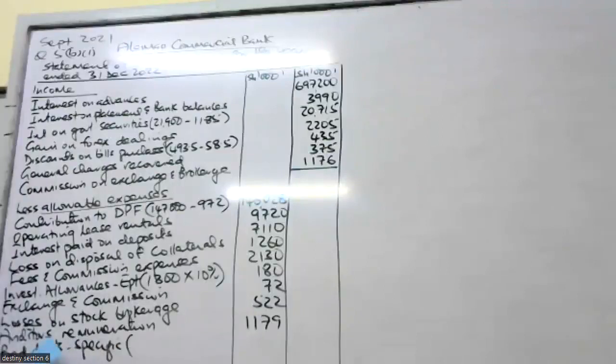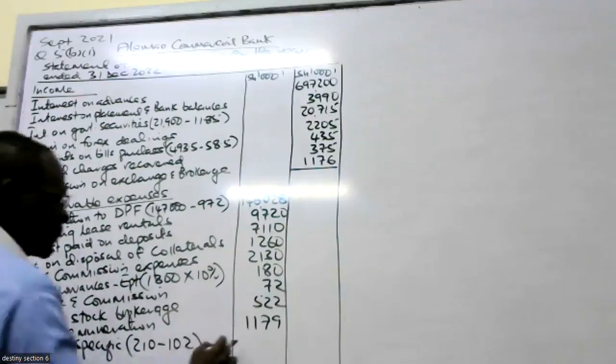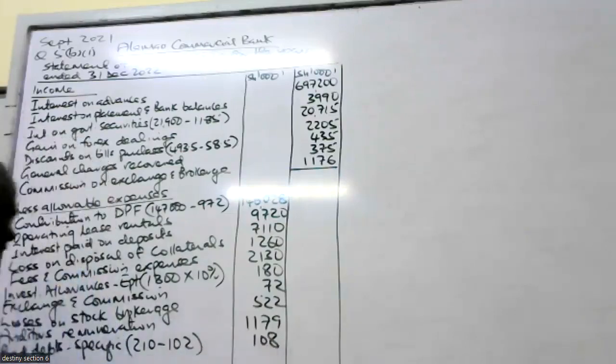At the end of the year, the specific bad debts amount to 210. At the beginning, it's 102. So the difference is bad debt. That should be 108. Specific bad debts.